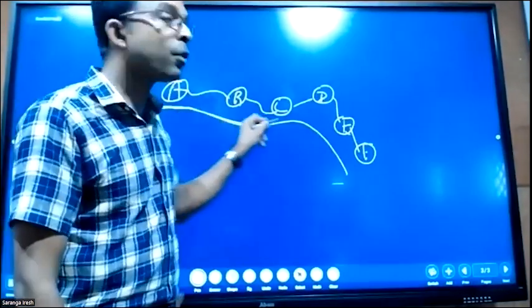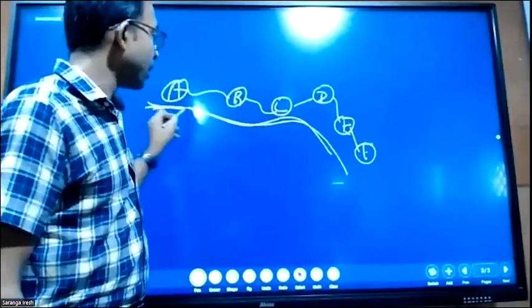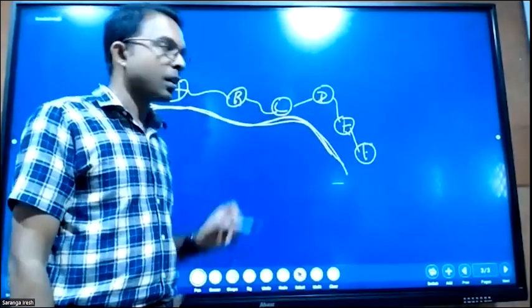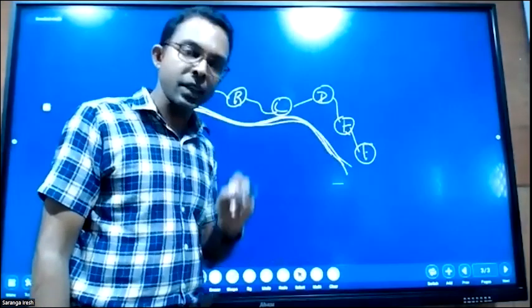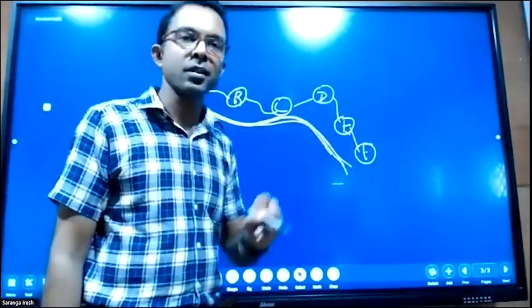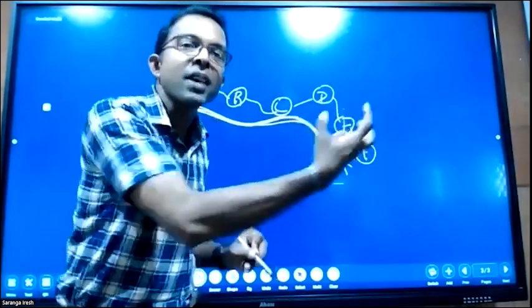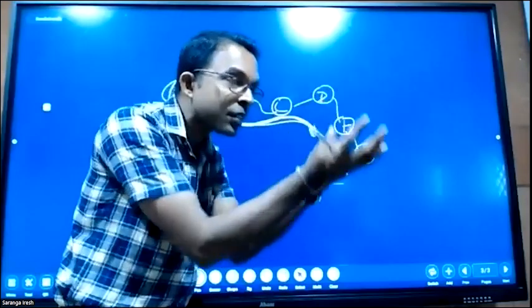I'm talking about proteins now, not DNA. According to this amino acid sequence, the structure of the protein is determined. The structure of the protein means our character, because our character is created according to the structure of the protein.